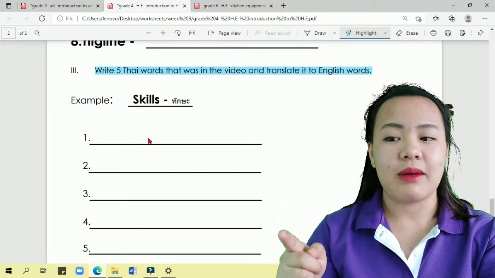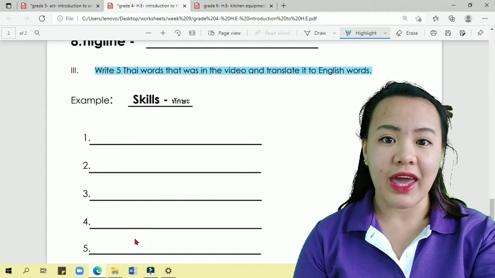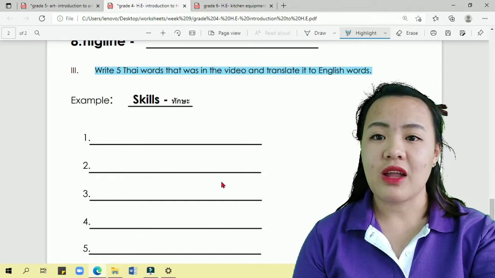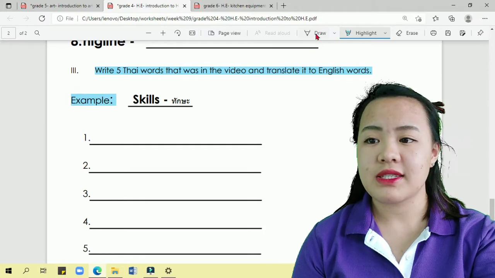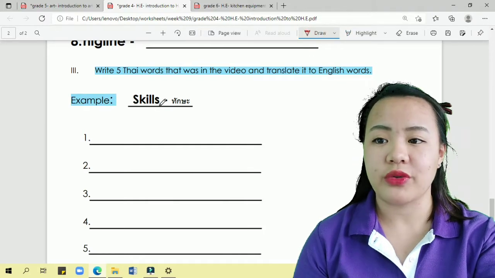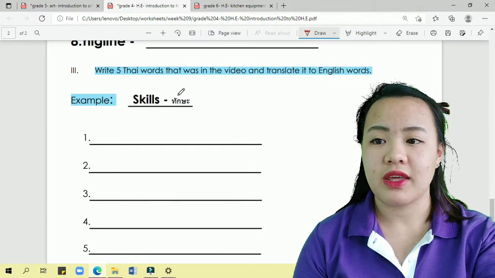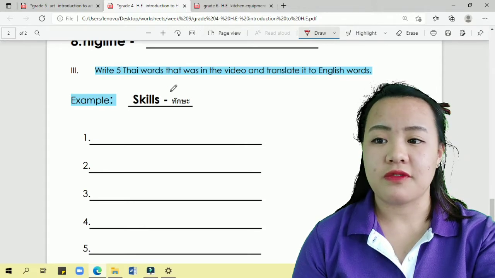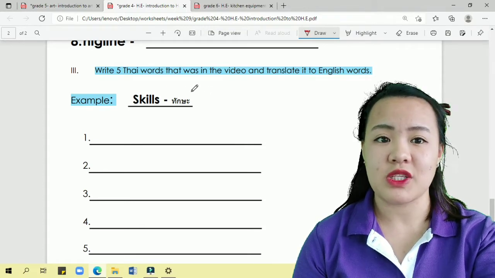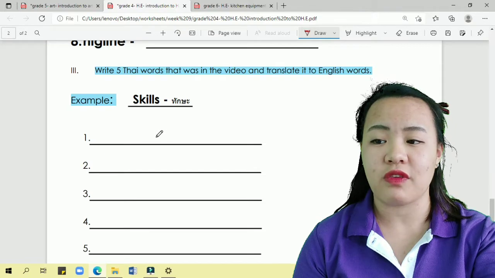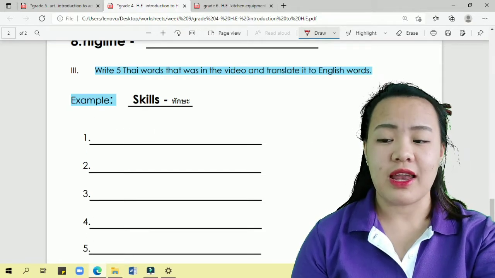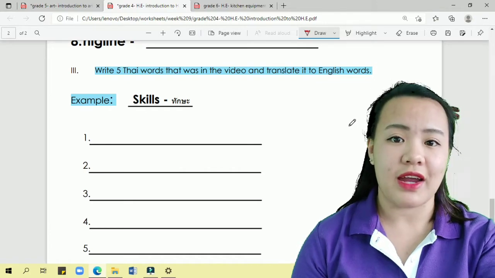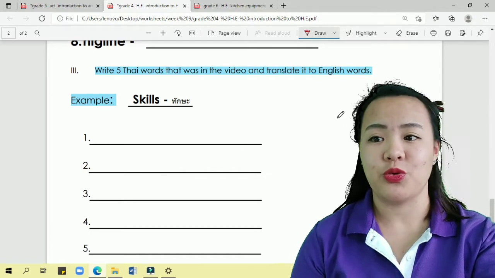Write them in the blank here. The word is skills. I wrote there the Thai word beside the word skills. Same as here, you're going to write from 1, 2, 3, 4, 5.